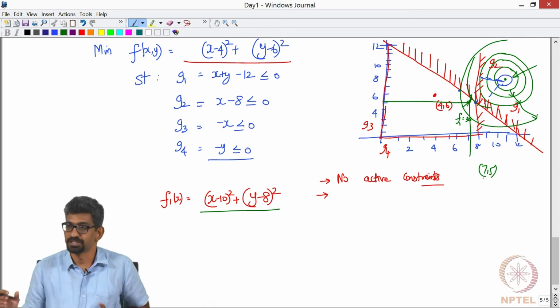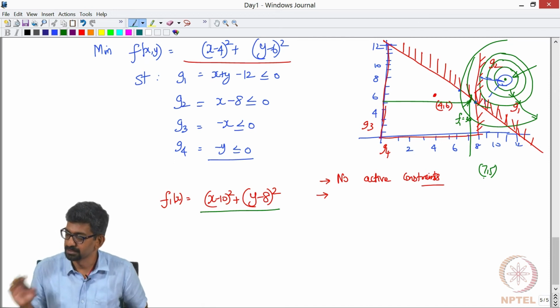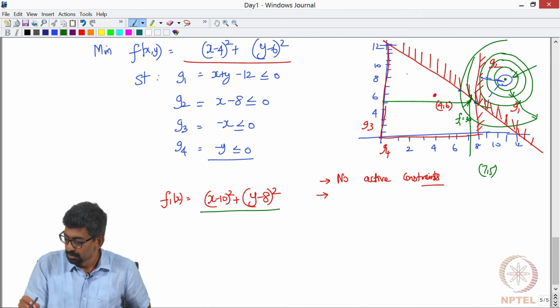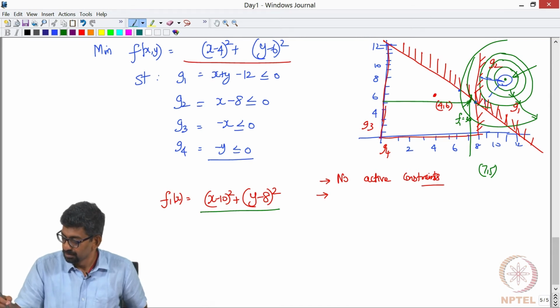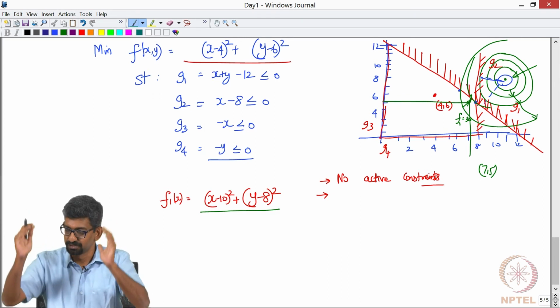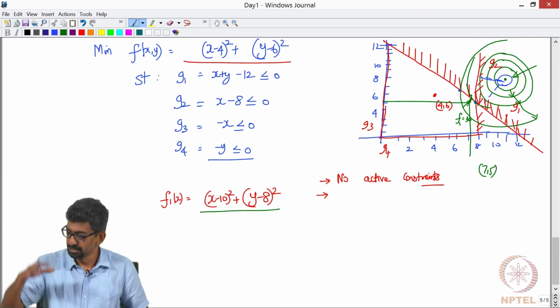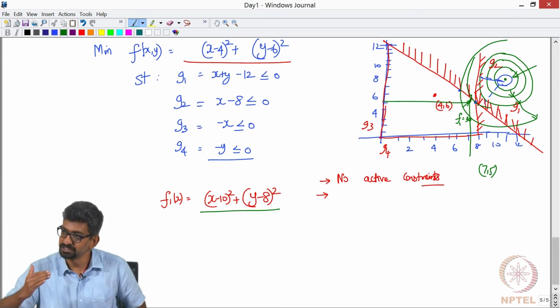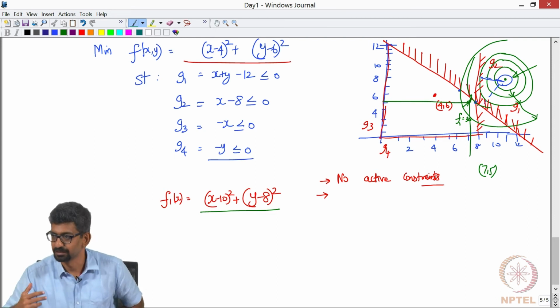There are other observations that you can make out of it. Now this is the direction in which my cost function is increasing, correct? Dot, circle, circle, circle. So, it is increasing in this direction. In the same view, which is the direction in which my constraint is increasing?